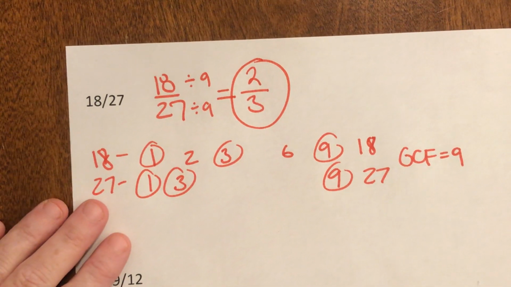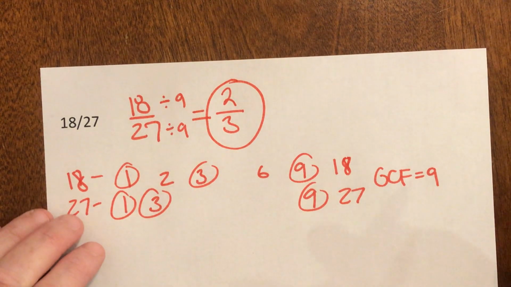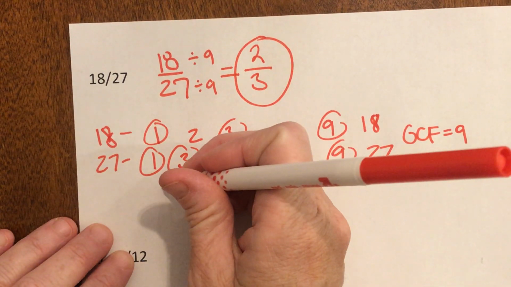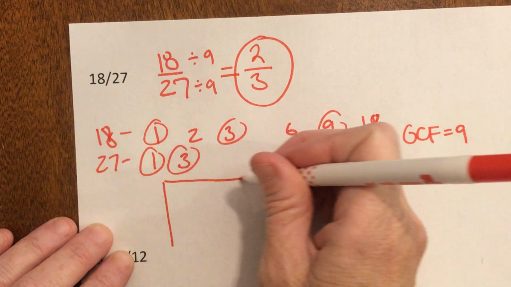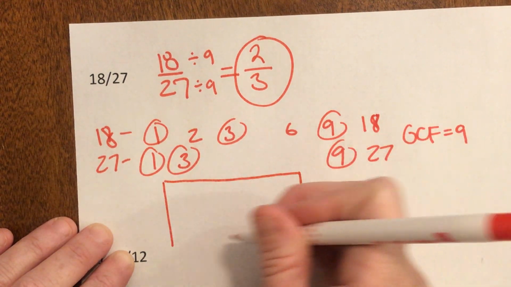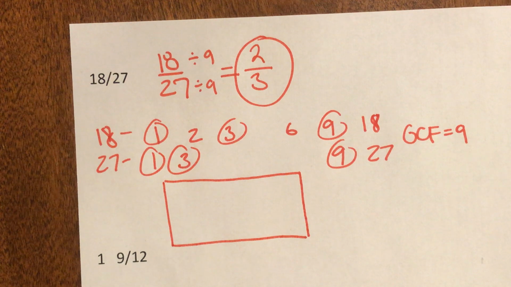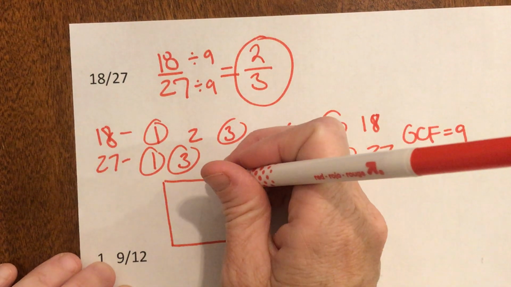Now, how do I know that? Well, if I really looked at what 18/27 looks like, it's going to take a moment, but let's look at what that looks like. 18/27 means that something was cut into 27 pieces, which is quite a lot of pieces. So let's see how we could go about doing that.